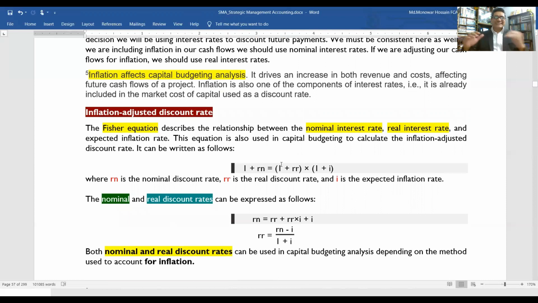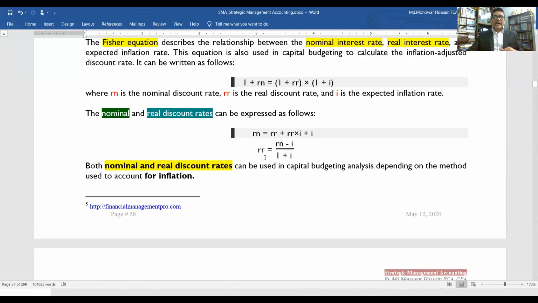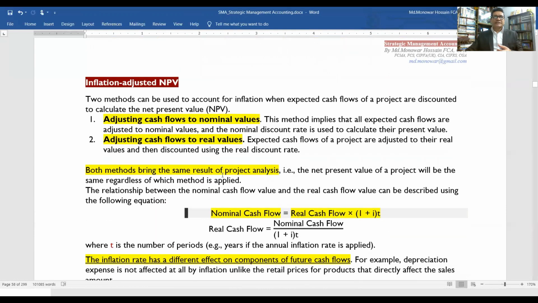And for the inflation adjusted discount rate, with the Fisher equation, we use the nominal interest rate and the real interest rate; this is the formula. A nominal and real discount rate can be used in capital budgeting analysis depending on the method used to account for inflation. And for the inflation adjusted NPV, there are two methods: adjusting cash flows to nominal values and adjusting cash flows to real values.